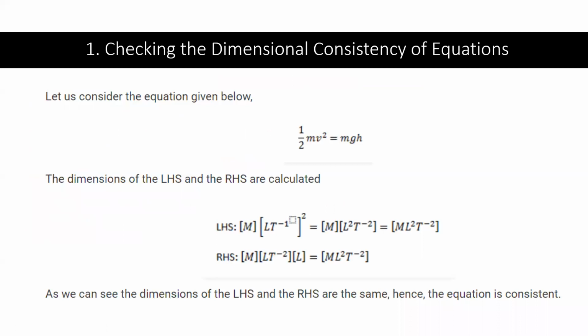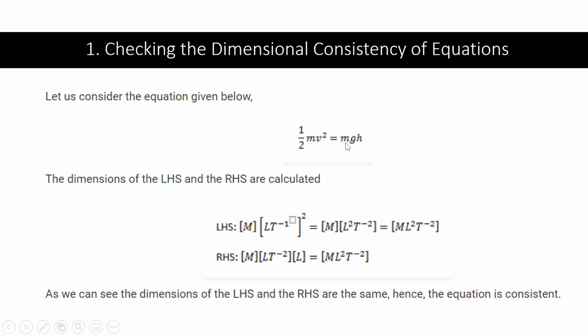Now let us see some of the applications of dimensional analysis. Dimensional analysis can be used to check whether an equation is dimensionally consistent or not. So checking the dimensional consistency of equations. Let us consider the equation half mv squared is equal to mgh. What we have to do is we have to find the dimension on the left hand side and also on the right hand side.